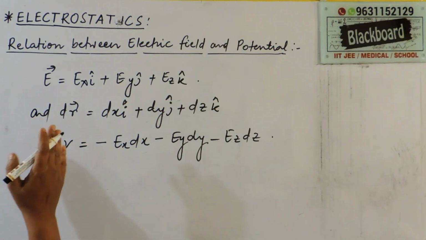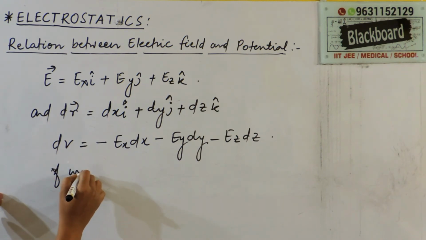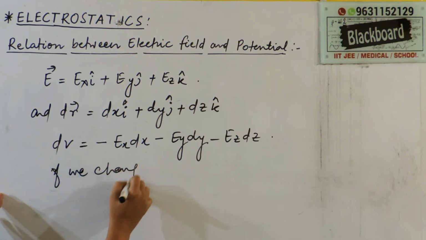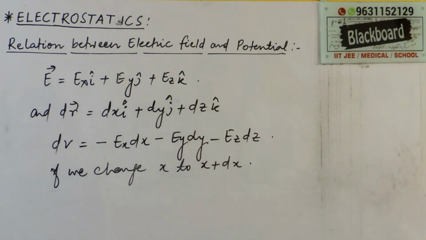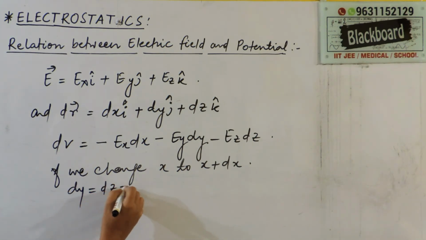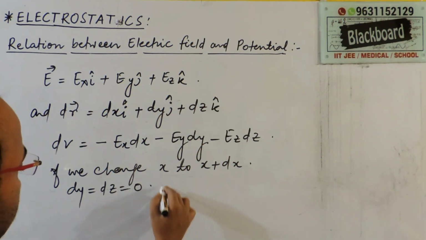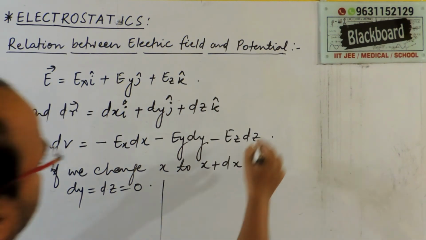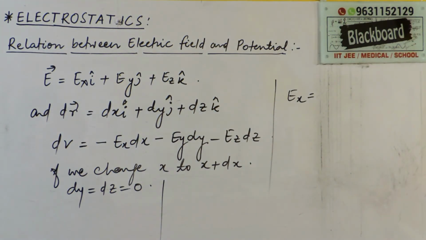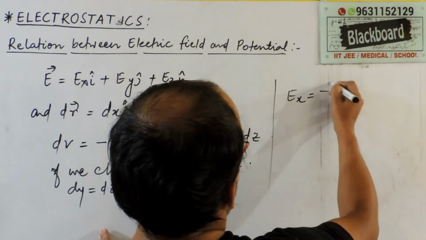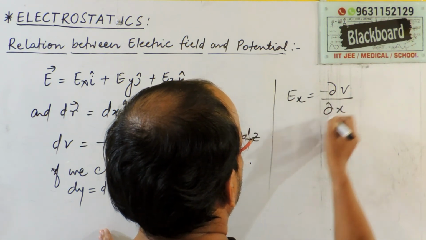If we change x to x plus dx, keeping y and z constant, that means dy is equal to dz is equal to 0 because they are constant. Then you can write Ex, and here you have to use partial differentiation, and it will be negative of del V del x.